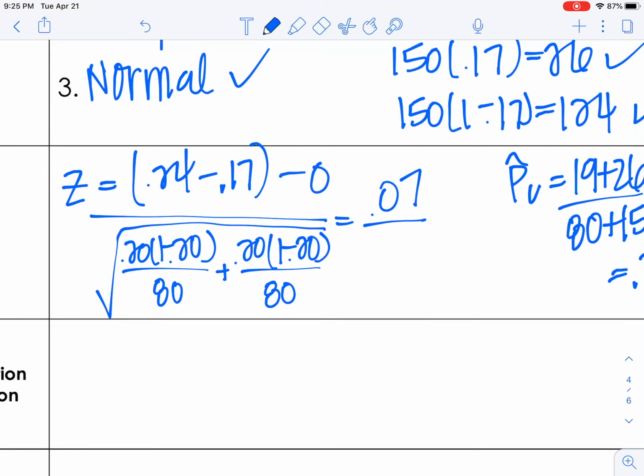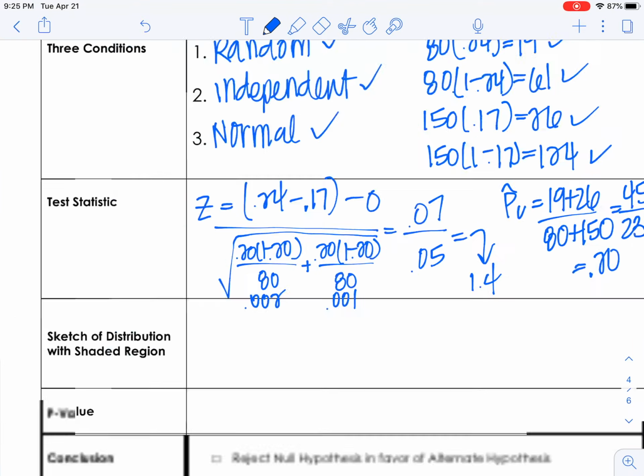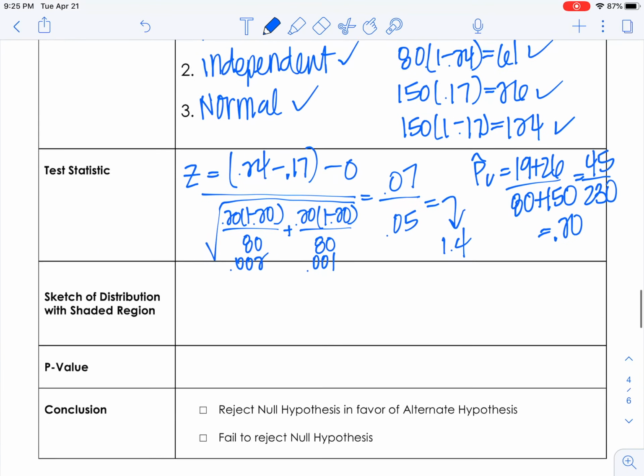So 0.2 times 1 minus 0.2 over 80 is 0.002. And 0.2 times 1 minus 0.2 over 150 is 0.001. So now I'm square rooting 0.003, which is 0.05. 0.07 divided by 0.05 is 1.4. So that's my test statistic.